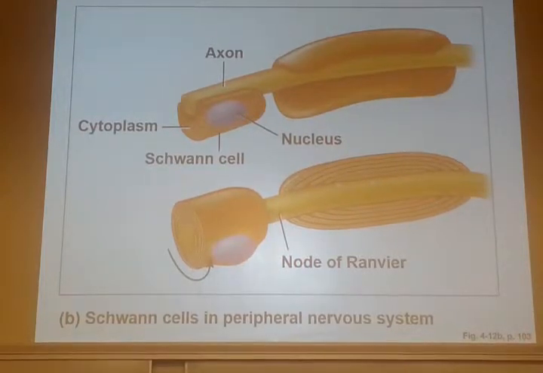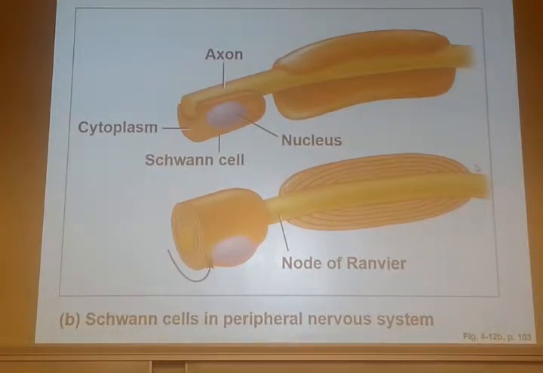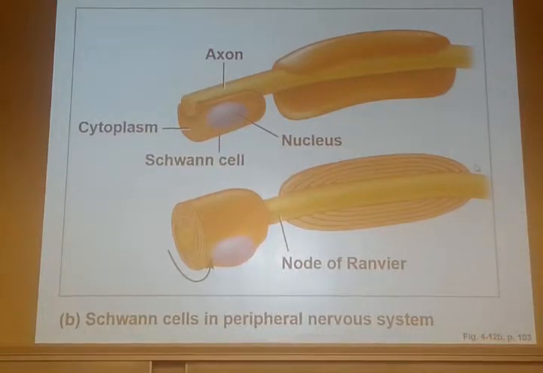The fact that you have all this fatty plasma membrane wrapping the axon means that there's not much space for ions to diffuse out. And so you don't lose the charge that's coming in at the node of Ranvier. It's able to go under the myelin, and it's said to jump to the next node. It just moves very quickly without the dissipation of the ATPase and loss of the charge.